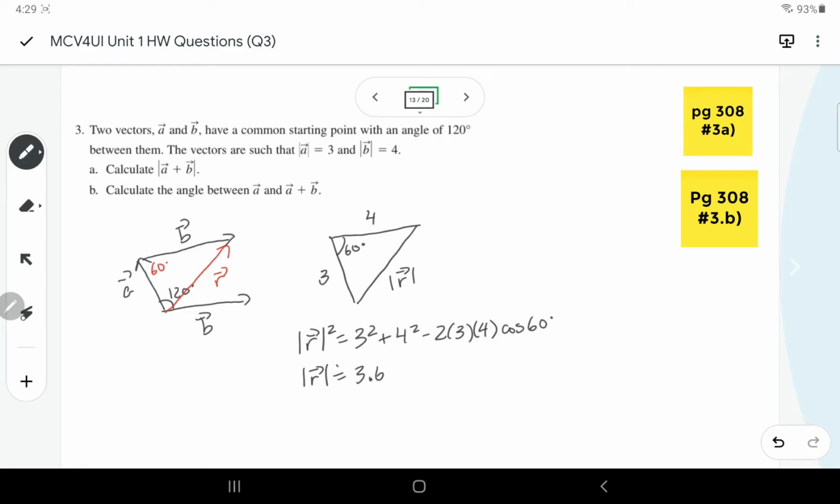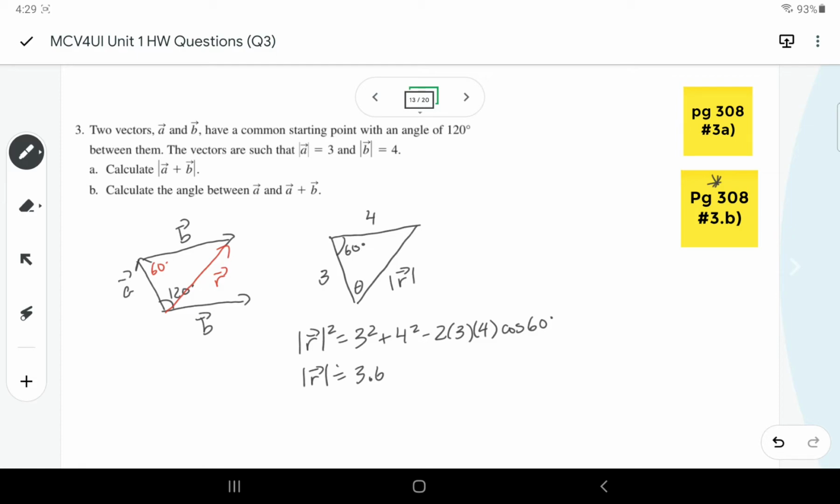Now, if we wanted to find the angle in here, I'm not sure if this is going to be a case that's the ambiguous case with the sine law, because this is actually one that may go that way because it's across from the biggest side.